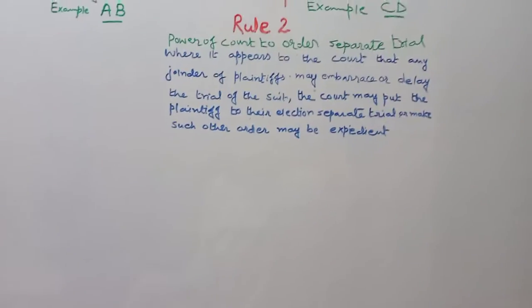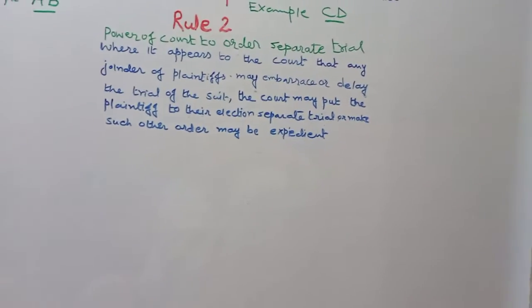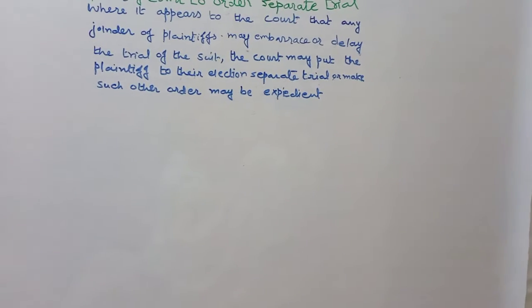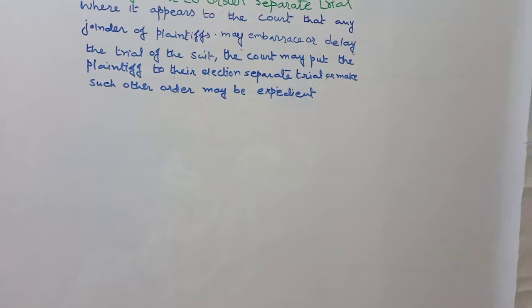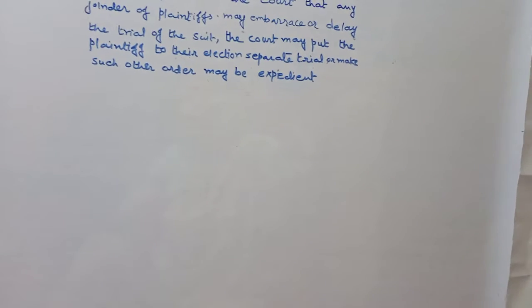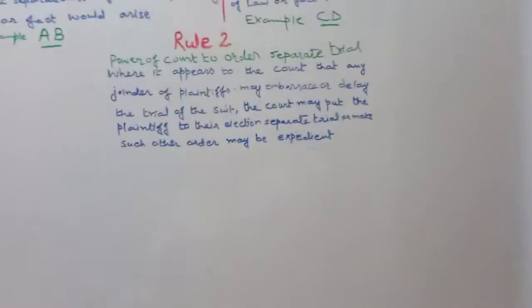Let's read it out. Where it appears to the court that any joinder of plaintiffs may embarrass or delay the trial of the suit, the court may put the plaintiffs to their election, or order separate trial, or make such order as may be expedient.